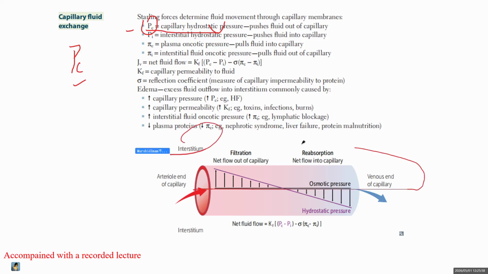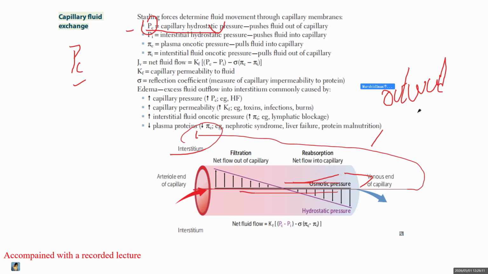Because it sends the fluid outward, we call it the outward force. A simple way to think about it is that if you have water inside a tube, the pressure tends to push the water outward. In the same way, capillary hydrostatic pressure pushes the fluid outward.